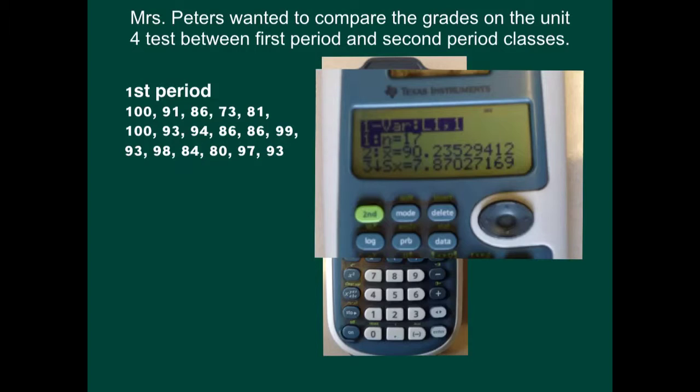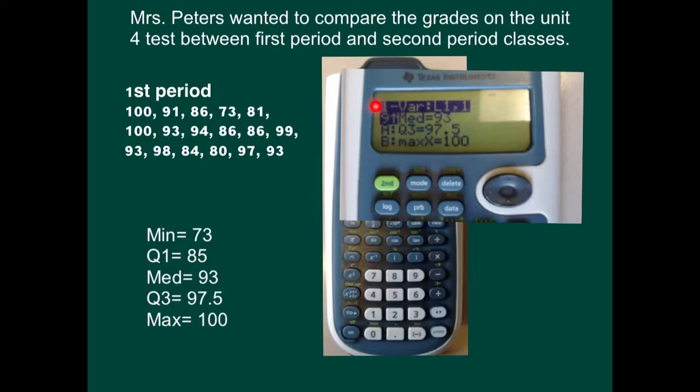All right, now you're going to scroll by using your toggle buttons up and down, and you're going to scroll until you see the maximum, that's the largest number of our set of data, and I wrote it down here, our Q3, which is our data here, our median data here, and you continue scrolling up until you get Q1 and the minimum.